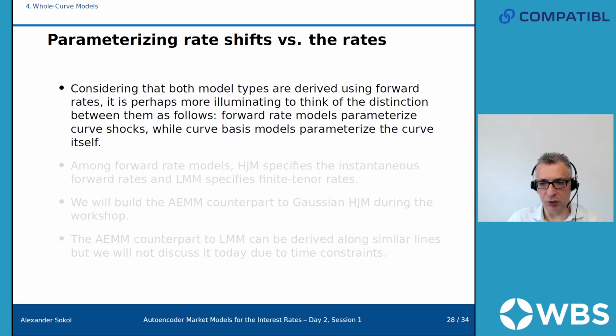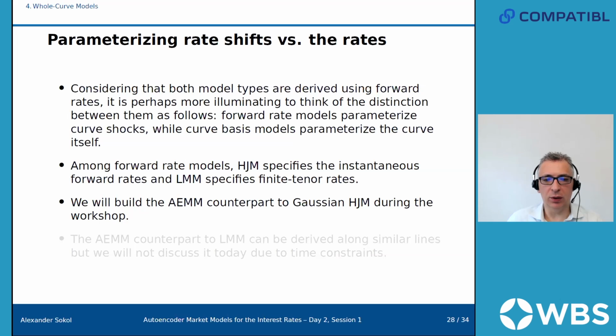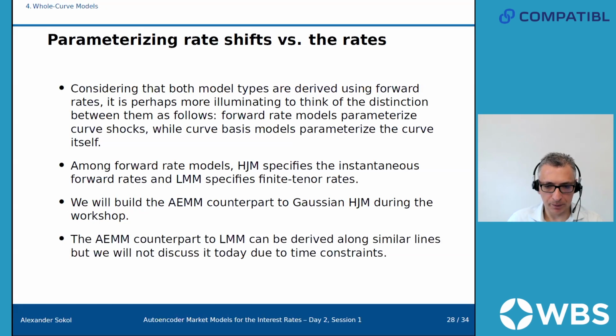Then you have to do a lot of work to make sure that this is arbitrage-free, more work than for the forward rate models. And among the forward rate models, HJM specifies the instantaneous forward rates, and LMM specifies the finite tenor rates. So we'll build out the autoencoder market model extension or counterpart to Gaussian HJM, but the same approach can be used for these other model types with some modifications.